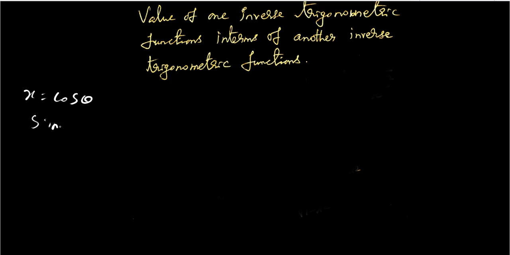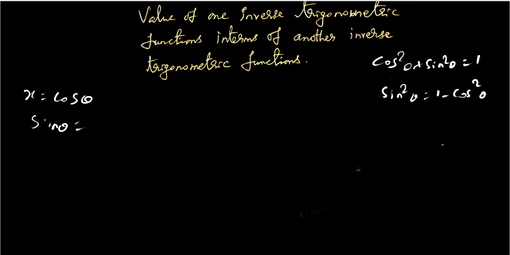Sin theta can be written as, suppose we take cos square theta plus sin square theta equal to 1, which implies sin square theta equal to 1 minus cos square theta.